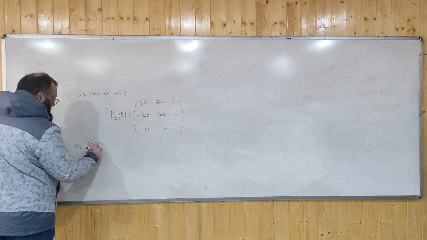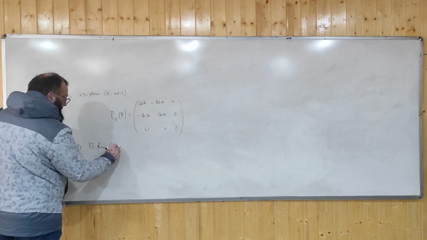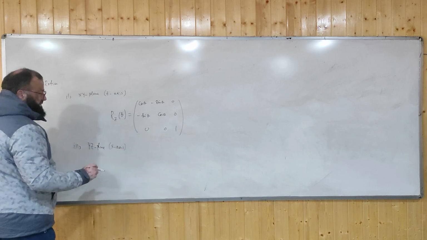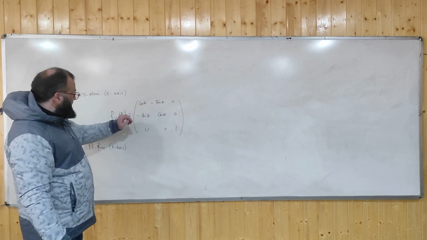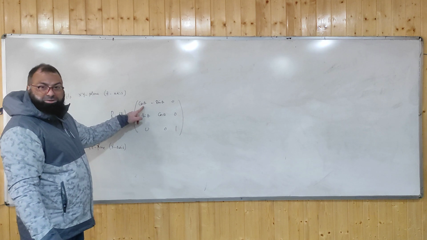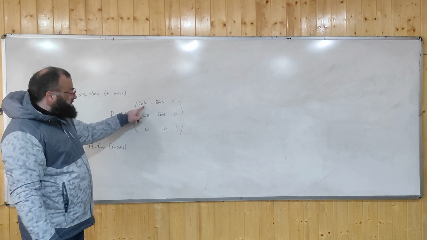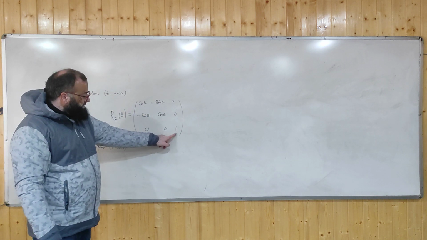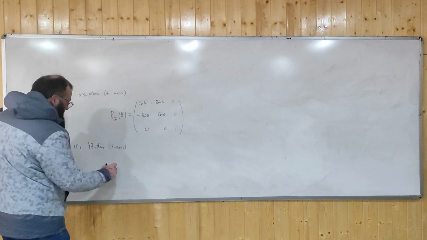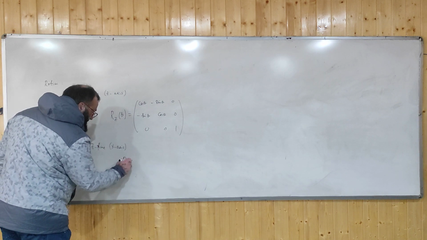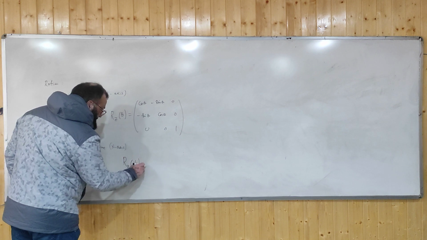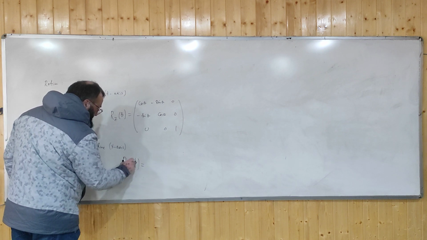And you can have another rotation in the YZ plane. What is that about? The X-axis. So you need to keep this x-axis as identity. Clear? So let's write that as R_X of an angle, let's write phi.